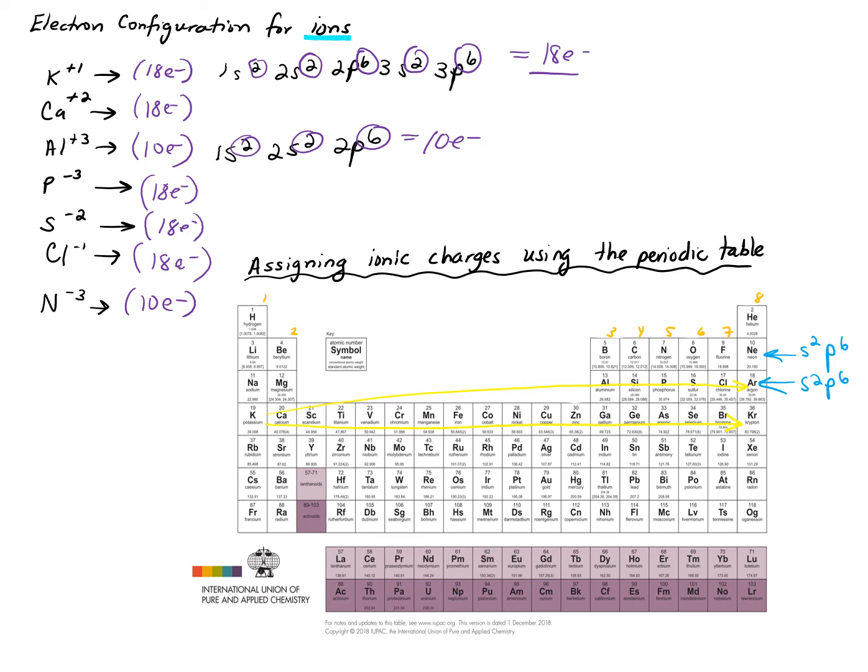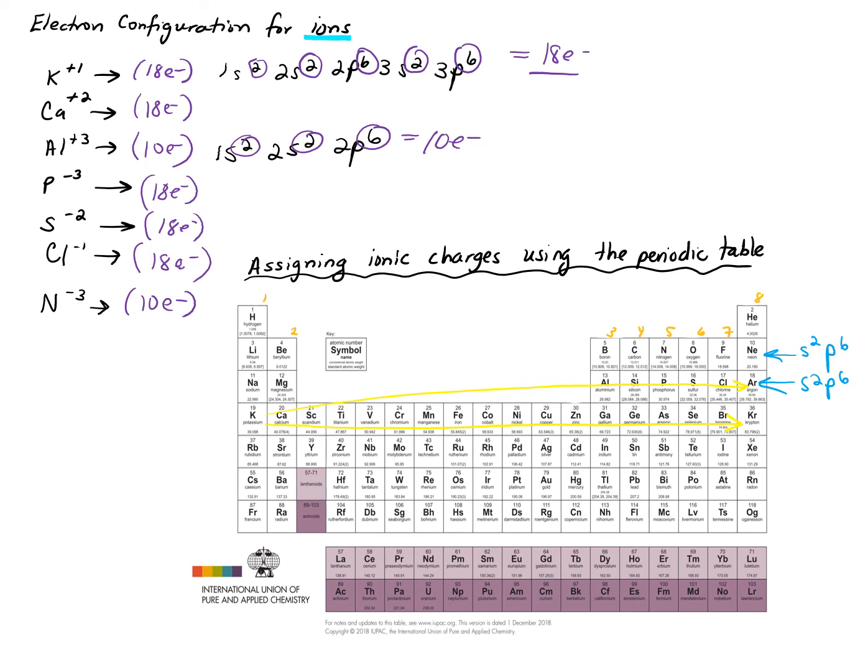For potassium to have the same electron configuration as krypton, it will have to go from 19 all the way to 36. So it will have to gain 17 electrons. You see where I'm going? To go to neon, same electron configuration as neon, it will have to lose 9 electrons, 19 down to 10.